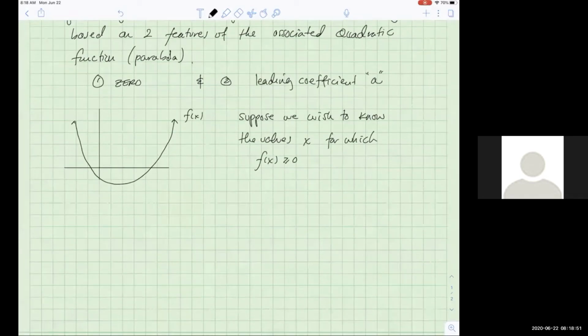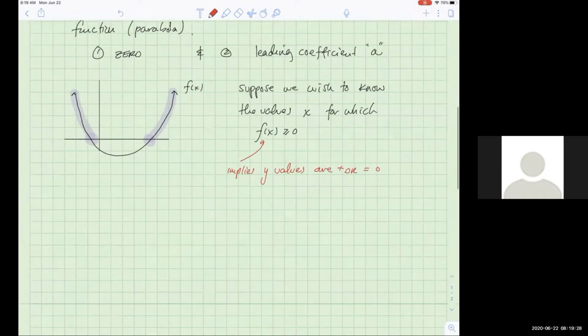Well, that is the values of x where the curve has its x-intercepts, or where the curve is above the axis. That's what it means for the y values to be positive here. So this implies the y values are positive or equal to 0.